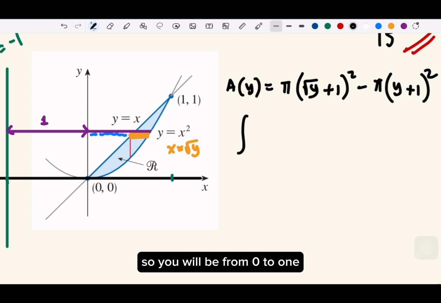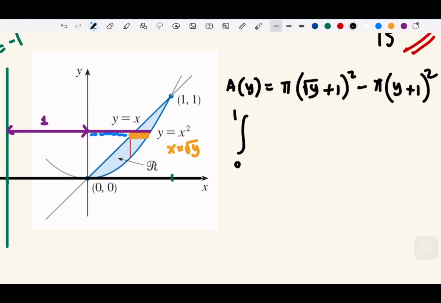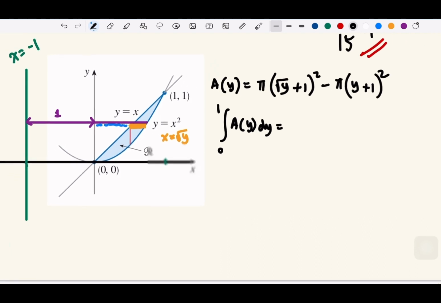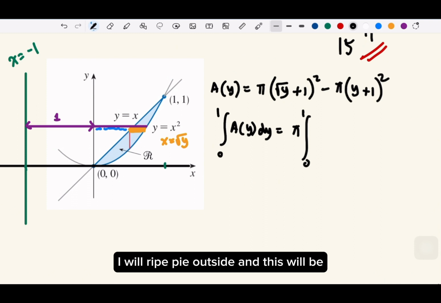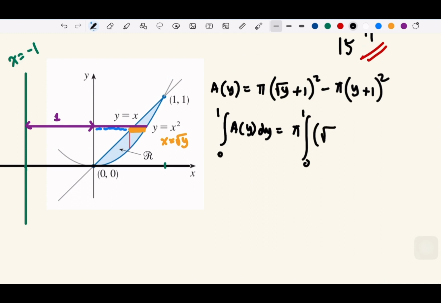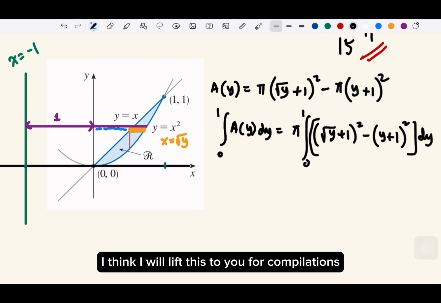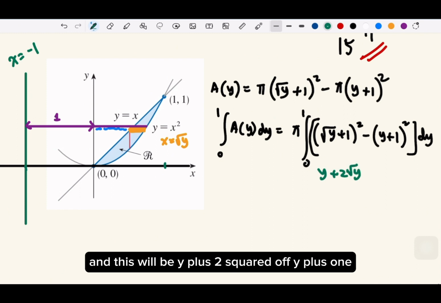It will be from 0 to 1. I will write pi outside. I think I will leave this to you for calculation. So this will be y plus 2 squared of y plus 1.